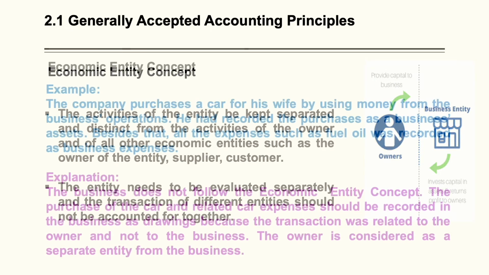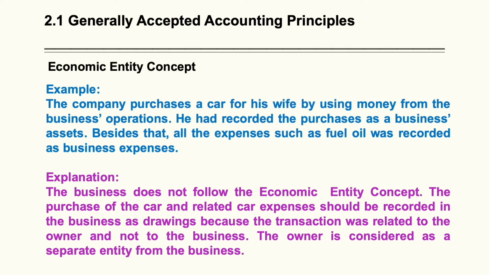Let us look at this example. The owner purchased a car for his wife by using money from the business operation. He recorded the purchase as a business asset. Besides that, expenses such as fuel and oil were recorded as business expenses. Can we do that? Let me tell you.